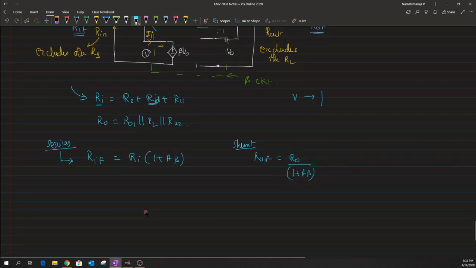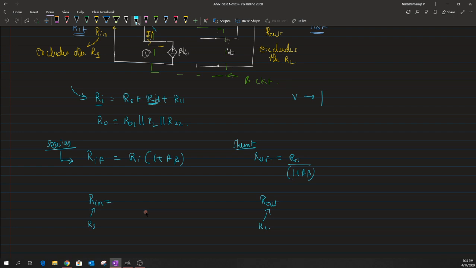And now that we just want to extract the values of R out and R in, which is supposed to exclude the feedback impedances, but these should exclude the resistance of Rs. I think I have mixed the quantities here. It should exclude the quantity of Rs from the RIF, and the R out should exclude the quantity of RL from the ROF.